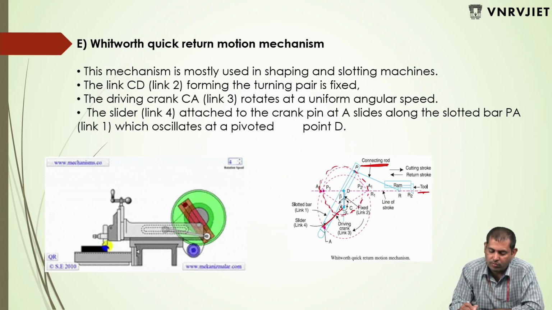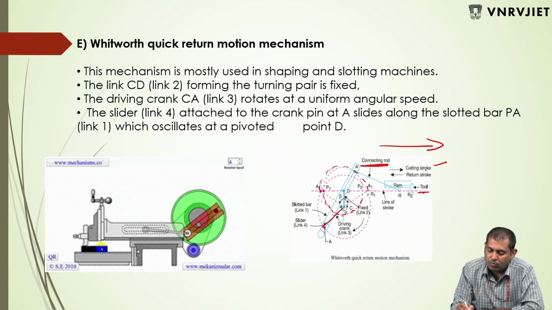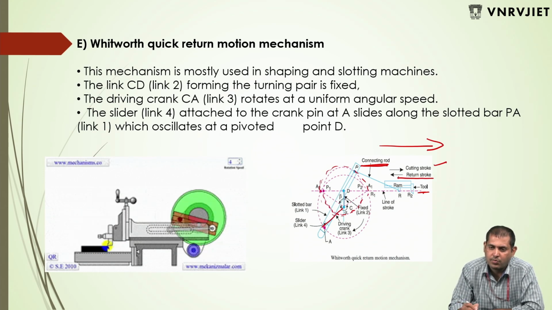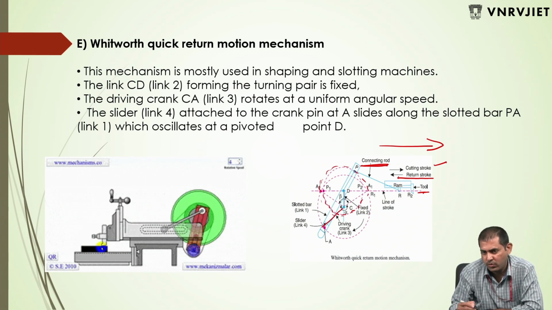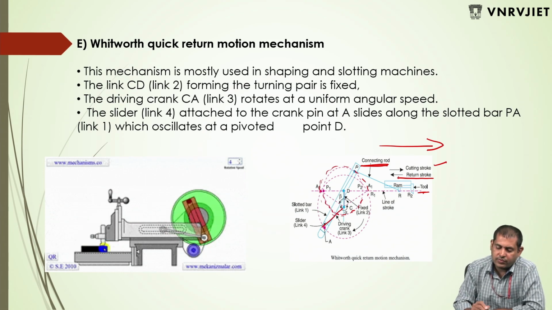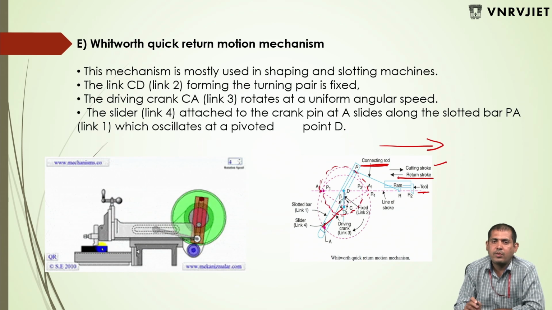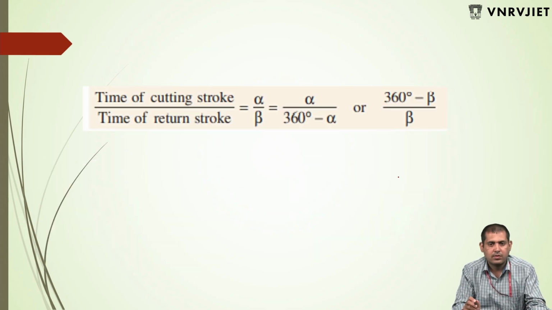In the moving direction, the cutting stroke moves slowly, and the return stroke comes as quickly as possible. Generally this is defined by a 3:2 ratio. This is how the quick return motion mechanism works.